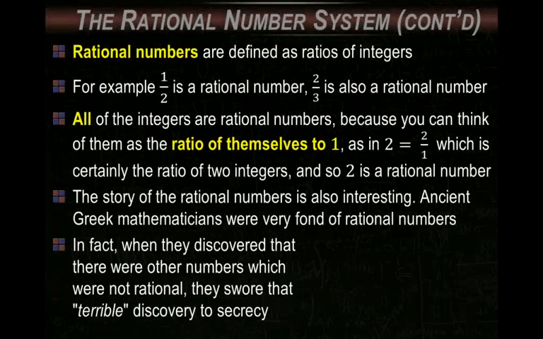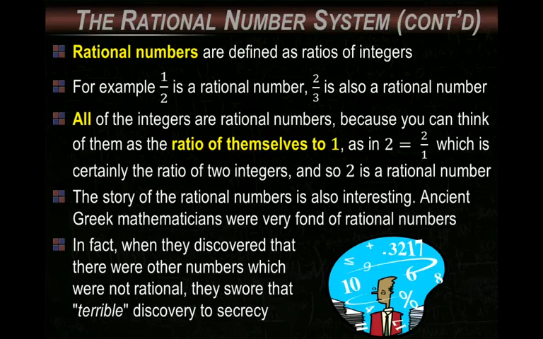So a way you could look at it as well is that rational numbers are the ratio of integers. So in other words, 1 over 2, or a half, is a rational number. 2 over 3 is a rational number. But as well, you could put 2 over 1, which is 2, so 2 itself is also a rational number.